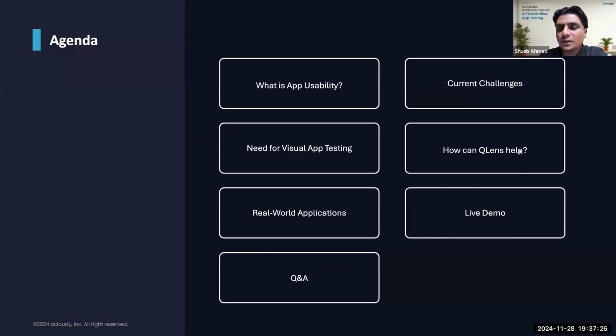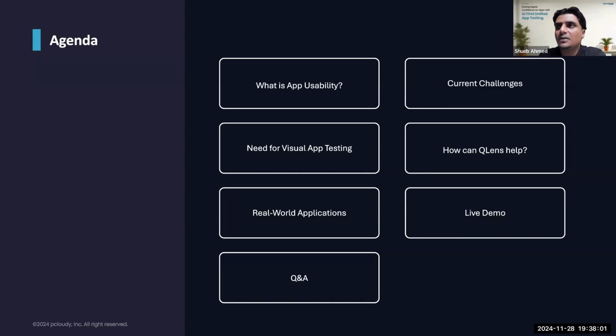We will understand what app usability is all about, and the various challenges that come with app usability for both mobile and web applications. Then we will focus on the need for visual app testing, its importance, and how QLens can really help in this visual app testing journey.